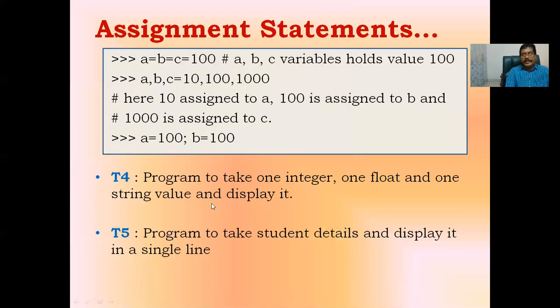Now we will see one program, two programs here, by using these literals. One takes the integer literal, the second one the float literal, and the third one the string literal, and we are trying to print those values.